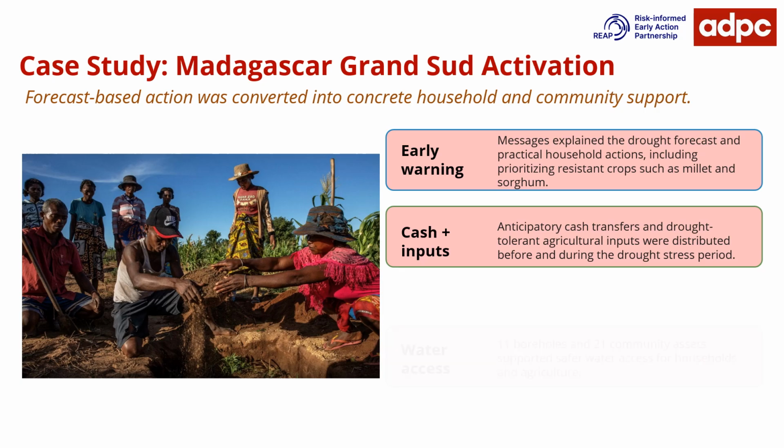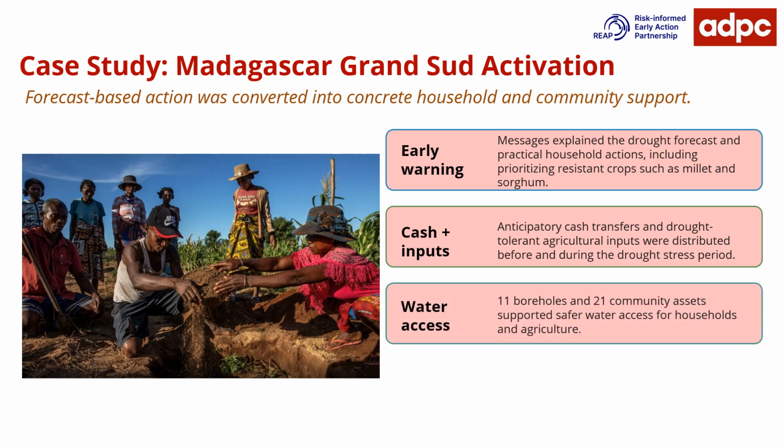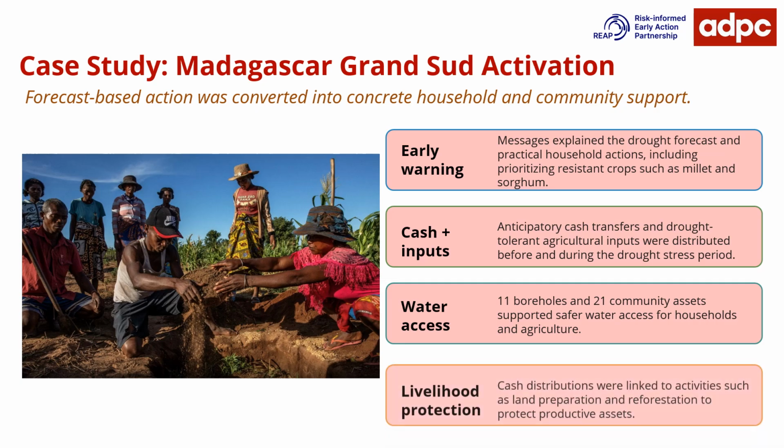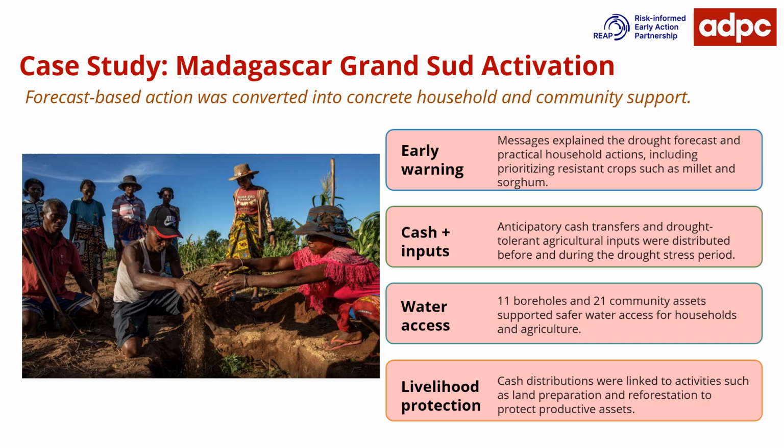Water access. 11 boreholes and 21 community assets supported safer water access for households and agriculture. Livelihood protection. Cash distributions were linked to activities such as land preparation and reforestation to protect productive assets. Source: WFP, 2025.